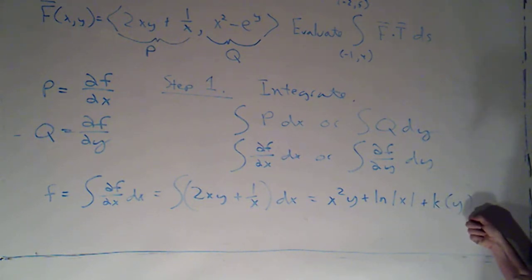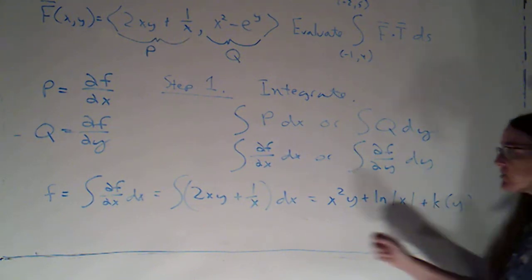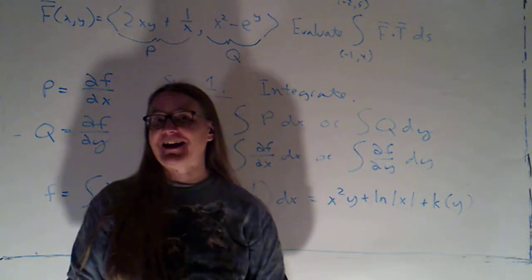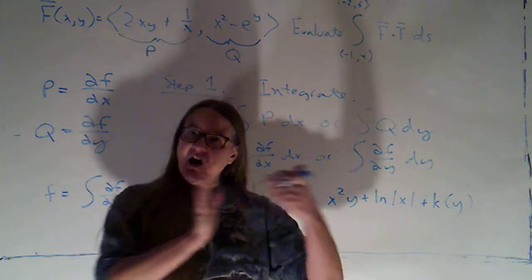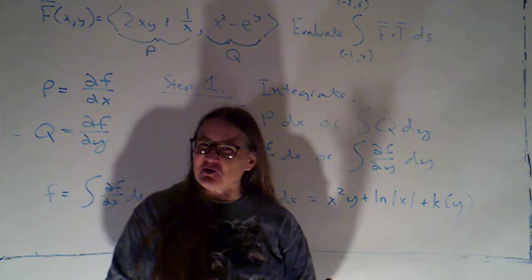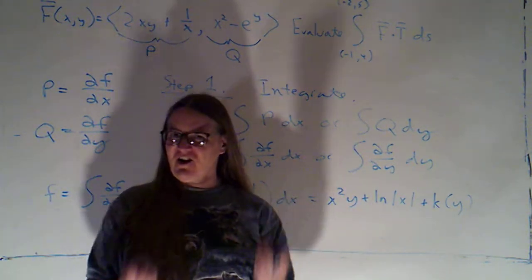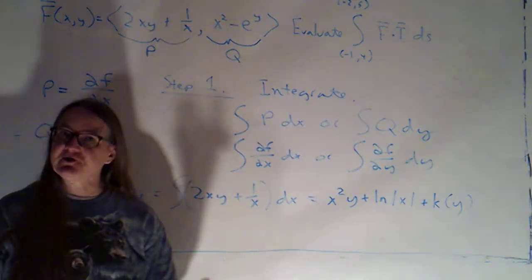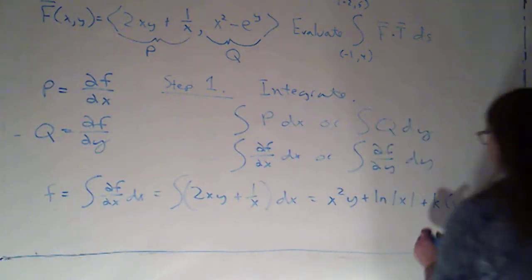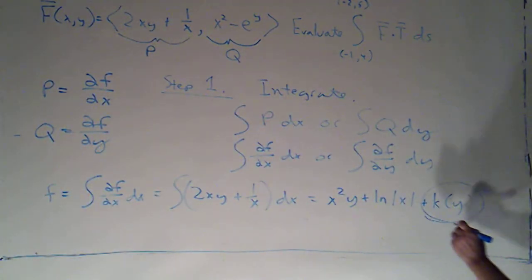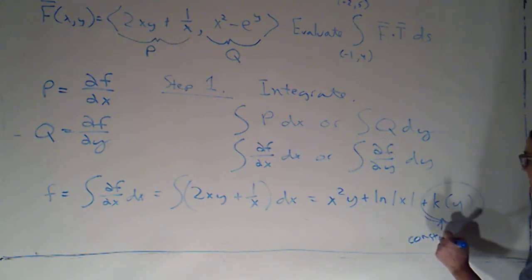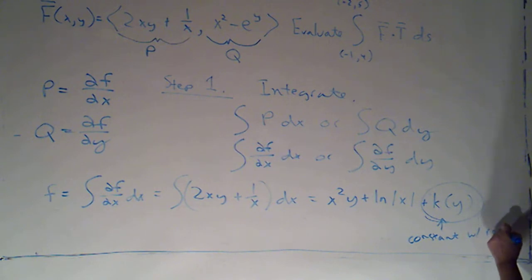There's my constant. I was integrating with respect to x, so I was treating y and any function of y as a constant. So my constant of integration, I can't assume is just going to be an honest to goodness constant. It's something that, for the purposes of this integral, I was treating as a constant. So k of y is going to be a function of just y. There are no x's in it, but that will make it constant with respect to x.